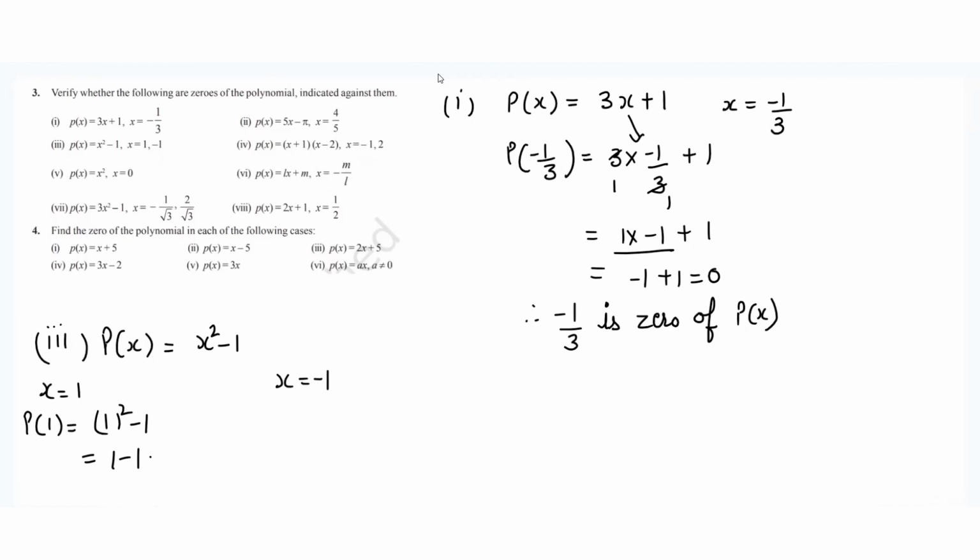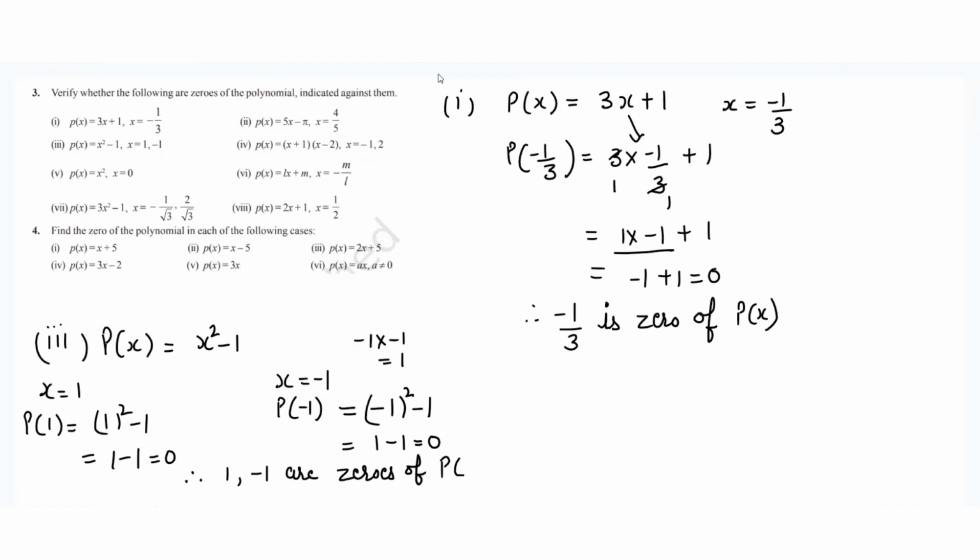We will get it equal to 0. Similarly, here we have P(-1), which is equal to minus 1 square minus 1. So minus 1 square means minus 1 into minus 1, which is equal to plus 1. So 1 minus 1 is equal to 0. Therefore, we can write here 1 comma minus 1 are zeros of P(x).